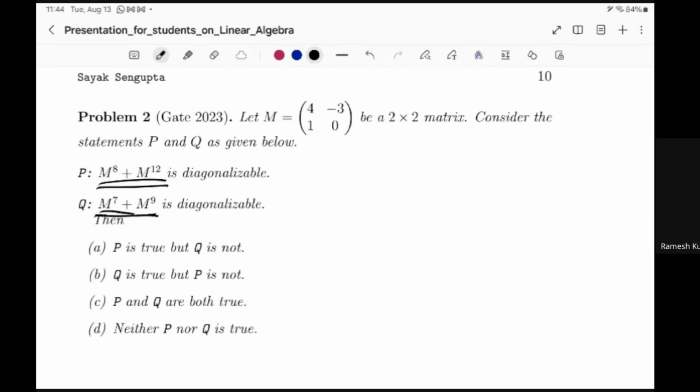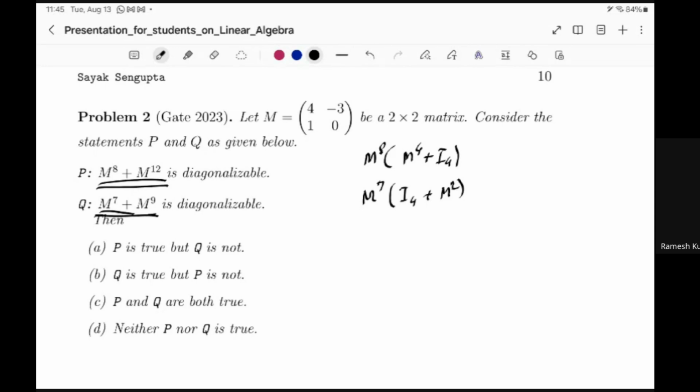I'm going to write M to the 8 plus M to the 12 as M to the 4 times M to the 4 plus I4, where I4 means the identity matrix of order 4. And I'm going to write M to the 7 plus M to the 9 as M to the 7 times I4 plus M squared.